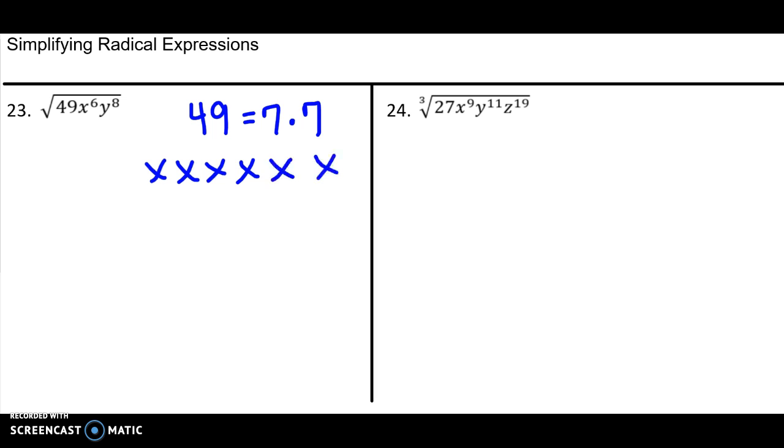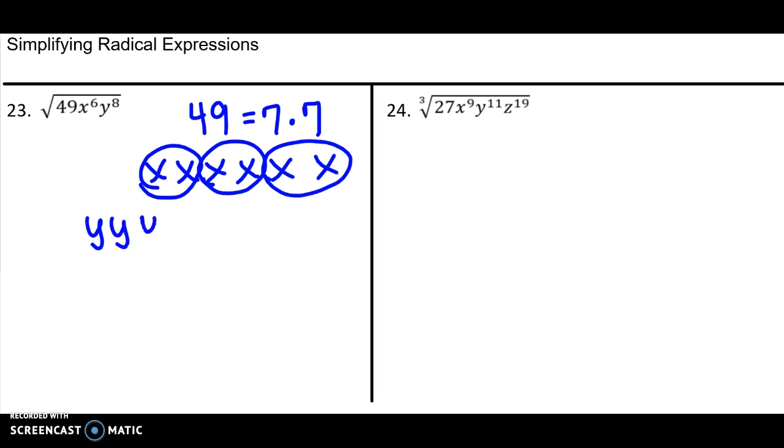Remember, we're looking for pairs. So we have 1, 2, 3 pairs of x's. So the square root of x to the 6 would be x to the 3rd power because we have 3 pairs of x's. Now we have 8 y's. Let's write it out. 1, 2, 3, 4, 5, 6, 7, 8.